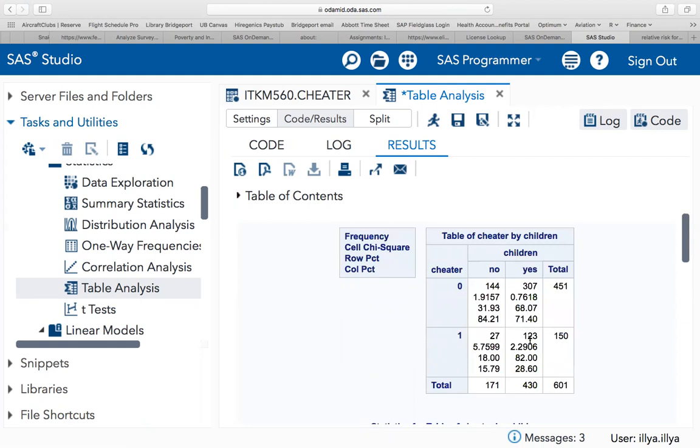That way I can say the odds of cheating, event of interest cheating, if you have children, again event of interest, is 2.13. The odds of cheating are 2.13. And this is where sports betting comes in. When they talk about odds, this is it.